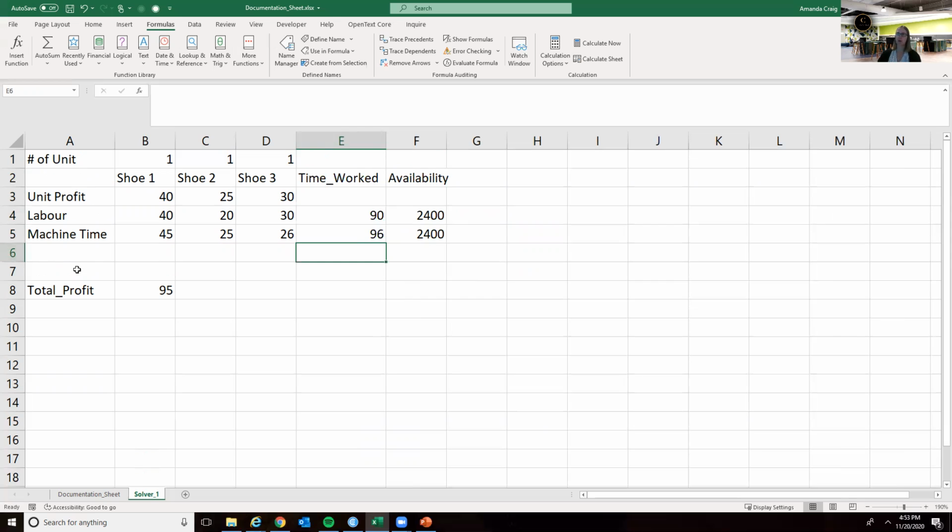Sometimes I have demand that I need to consider. In this first example, we don't have a specified demand, but we're going to put that in here because we're going to use that in a next step. And then another item that we want to be aware of is utilization.